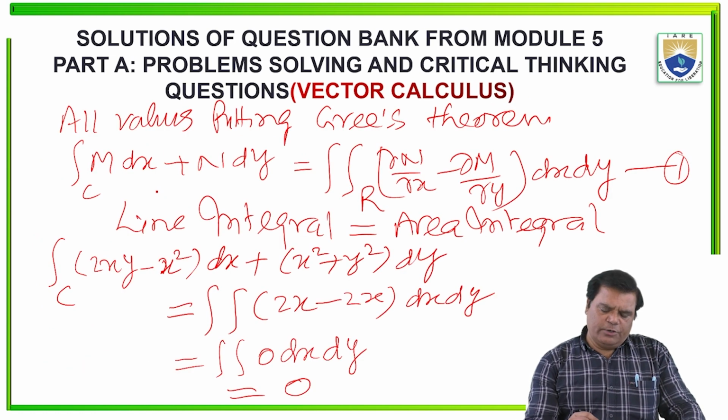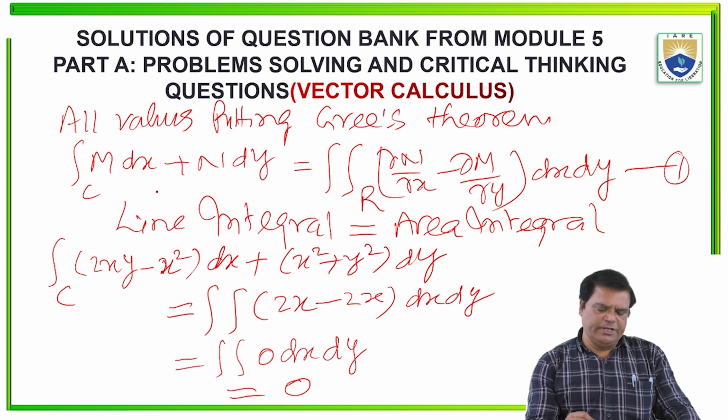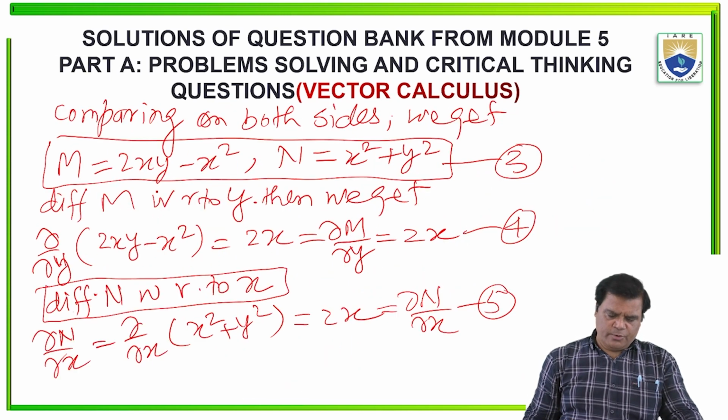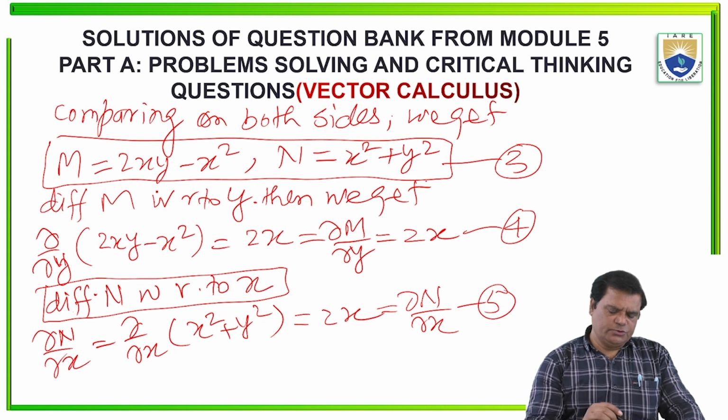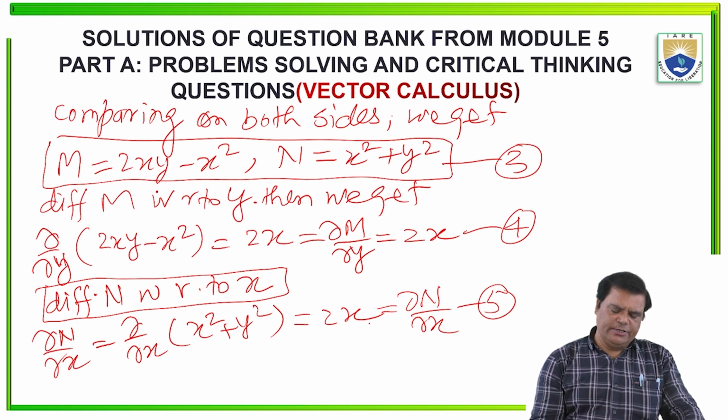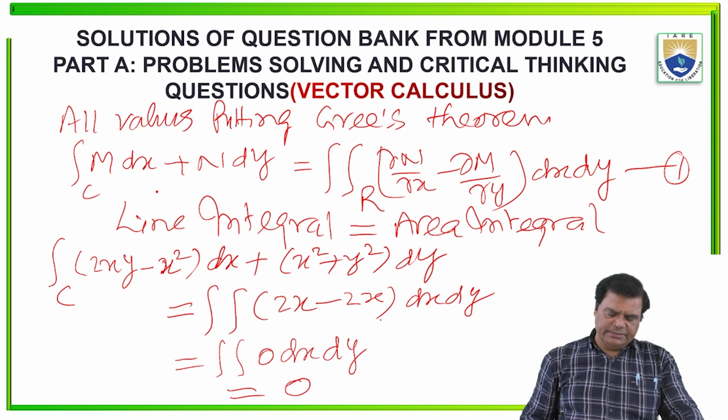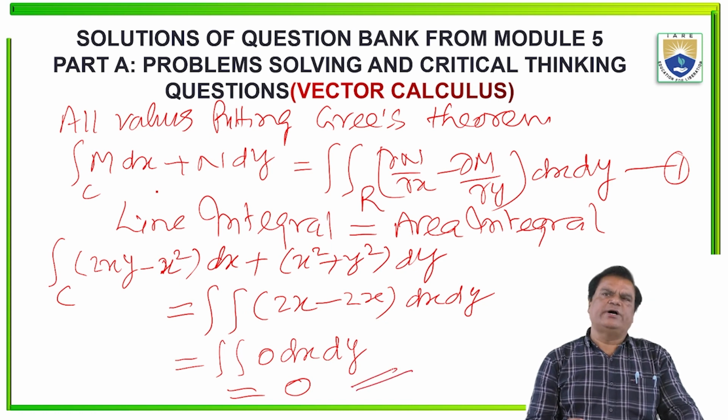So N differentiated with respect to x and M differentiated with respect to y are both 2x, so the integrand over the region is 0.